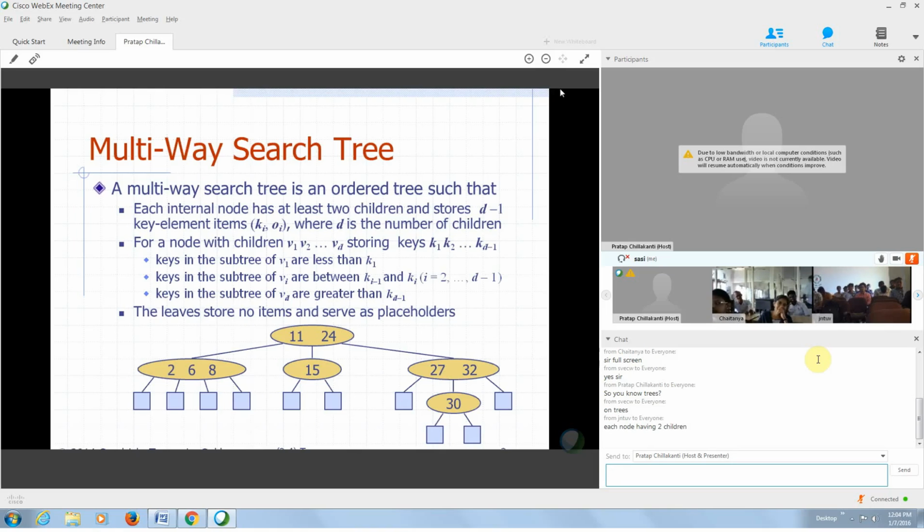So what it basically means is that when you're traversing the tree and reading those numbers back, they're always in sorted order. When you have an ordered tree, the numbers come out sorted when you're traversing the tree to display the items.